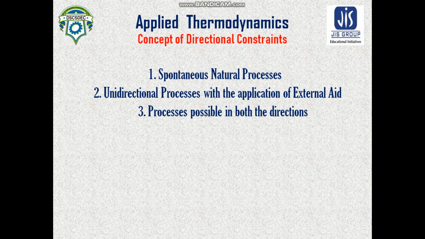This is a very valid question, and it can be answered by understanding the concepts of irreversibilities which occur during the thermodynamic process. We shall not discuss these irreversibilities just now, but we'll keep it for later discussion. What I was trying to say is that there are processes which are possible in both the directions.